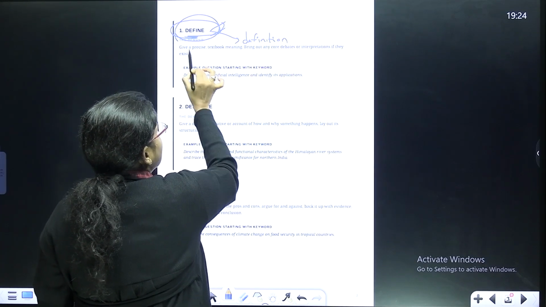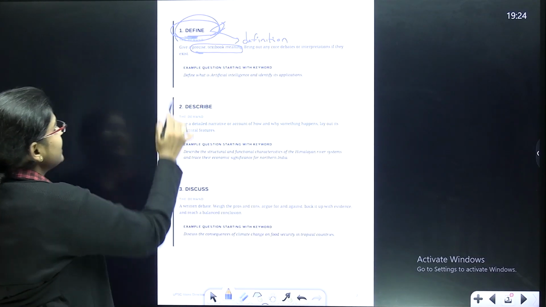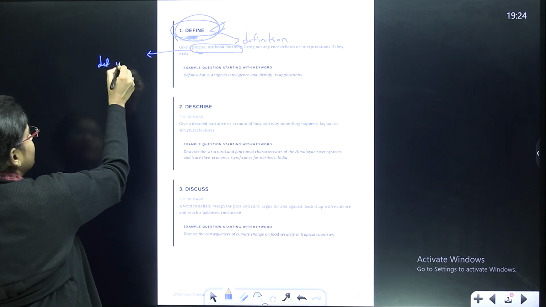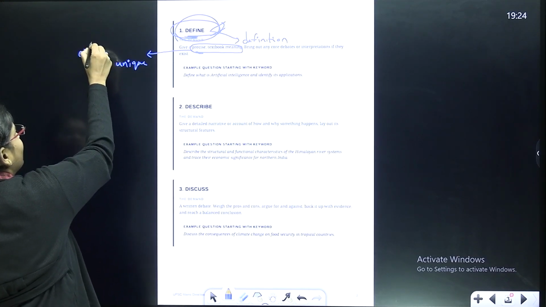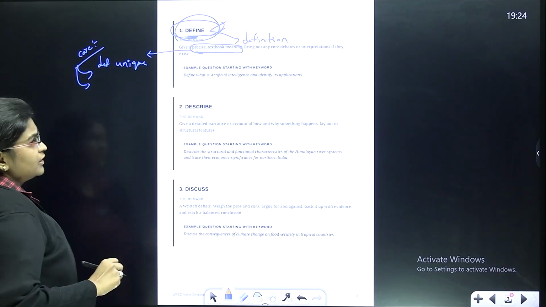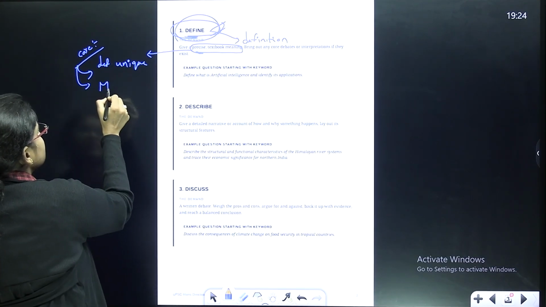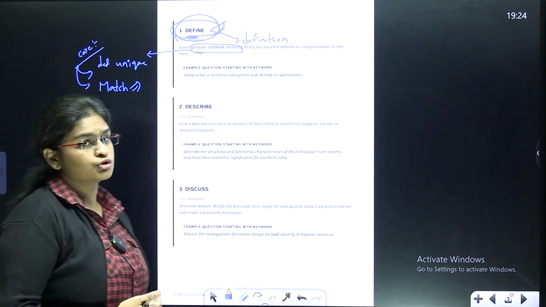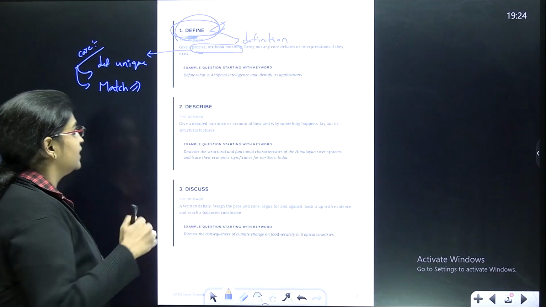Here a precise textbook meaning has to be given. While giving this definition, your definition must be unique from others, and it must match the intent of the question that has been asked.